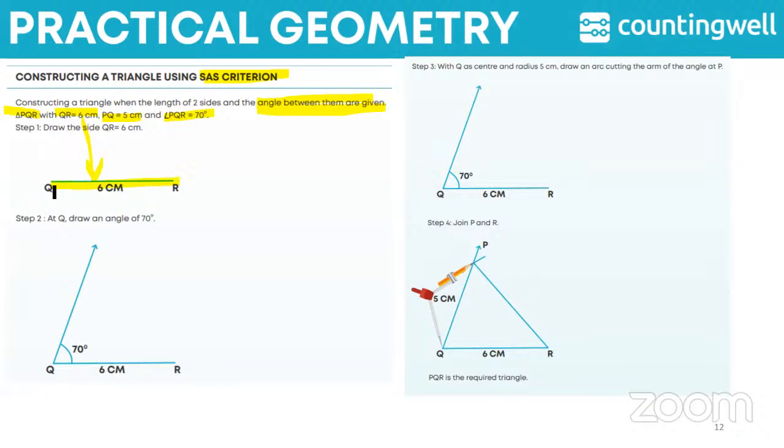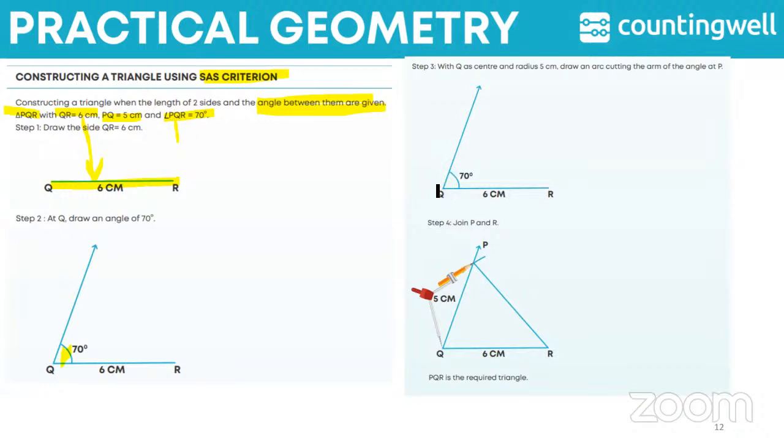So we are drawing here line segment of QR of 6 centimeter. As given, the angle PQR is 70 degree, means the angle Q is 70. So we are marking 70 degree at the vertex Q. Then it is given that PQ should be 5 centimeter.